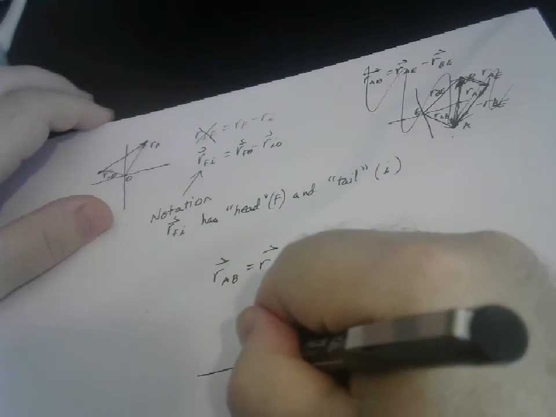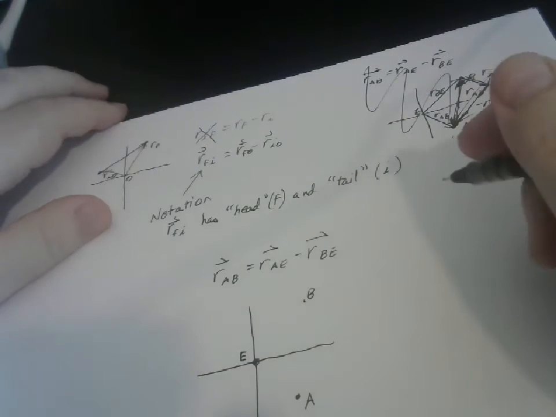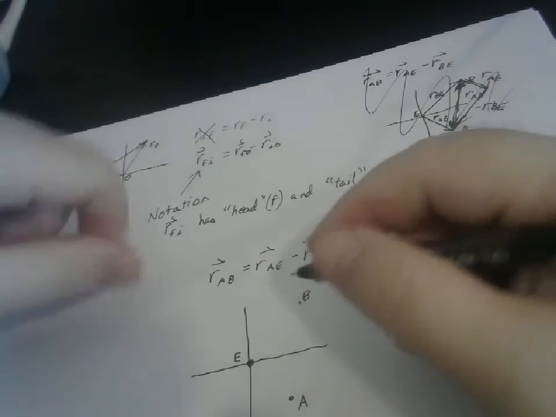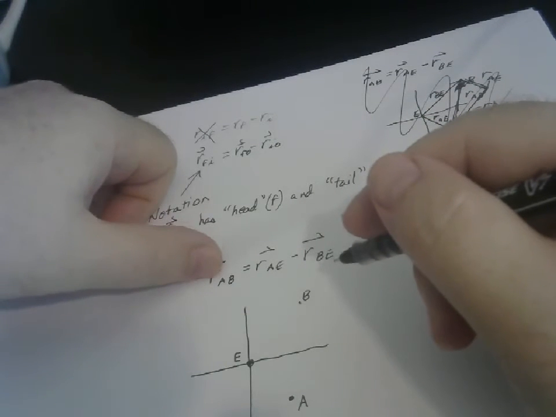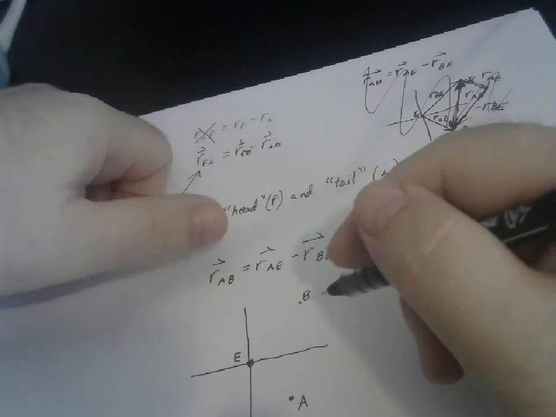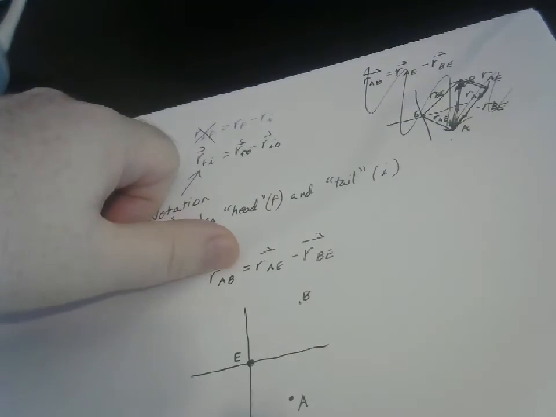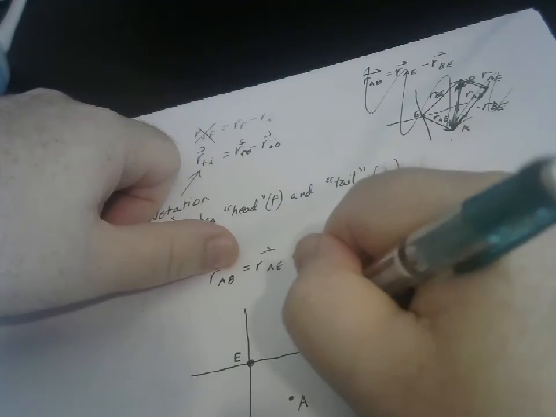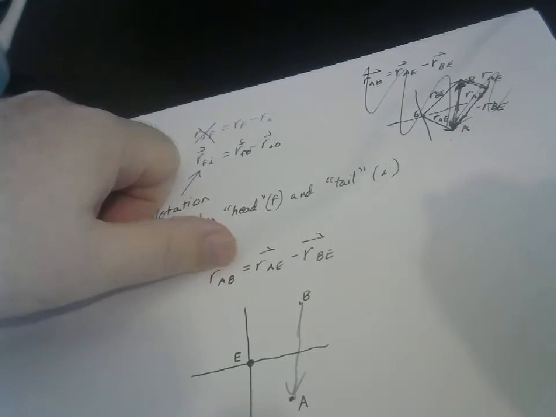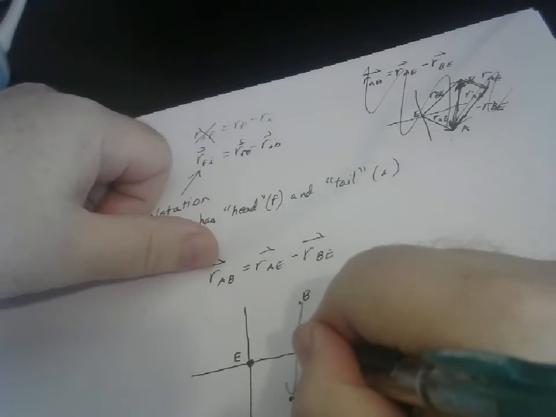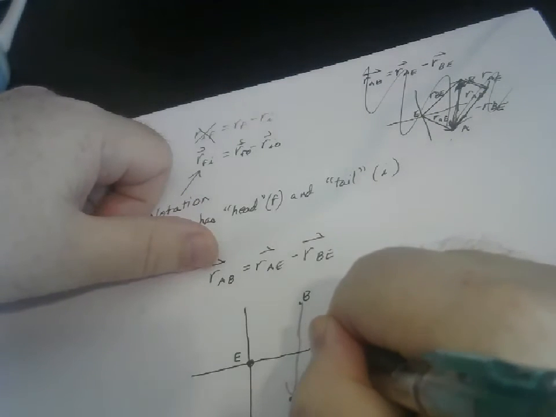And E will be the origin. So RAB, remember this is head, tail. Head is A, tail is B. So I will draw that in. I think I'm going to draw that in with a pencil. Hopefully you can see that. So that is RAB.